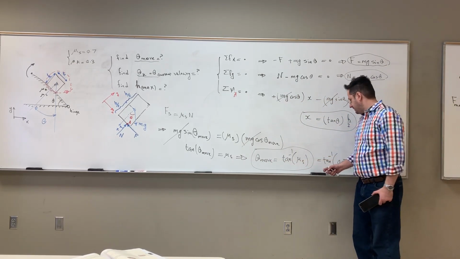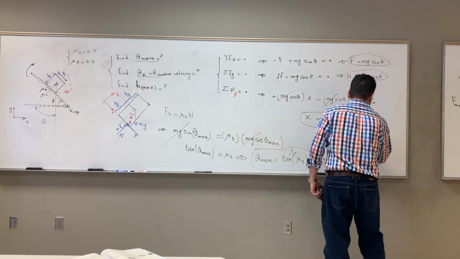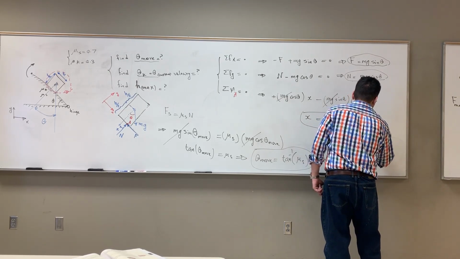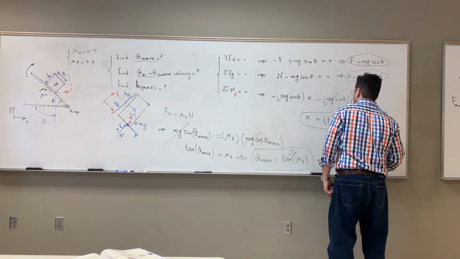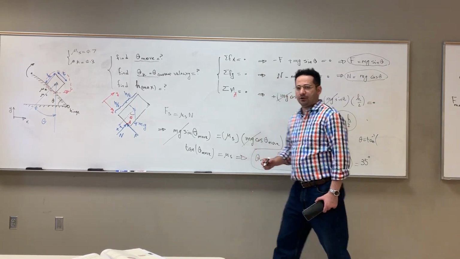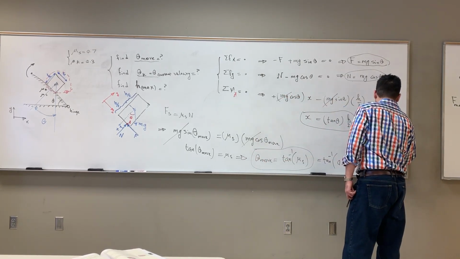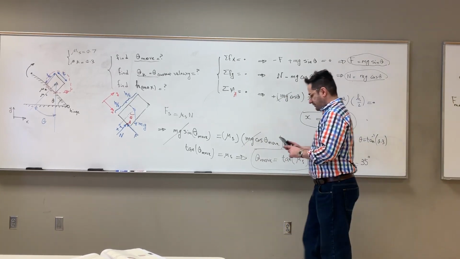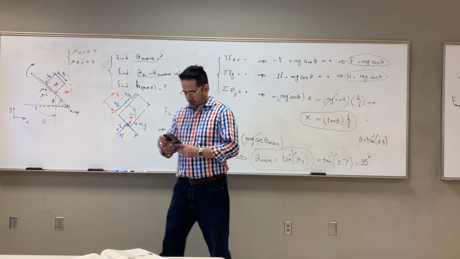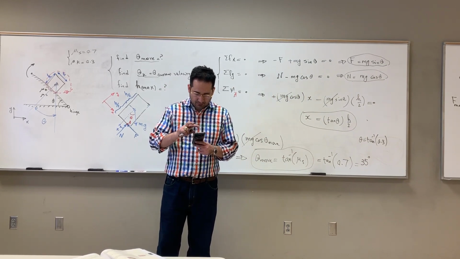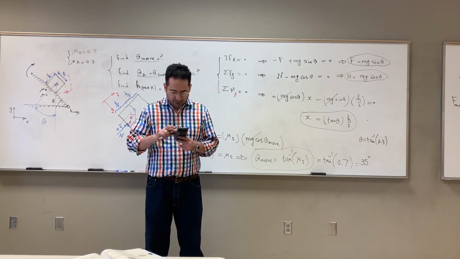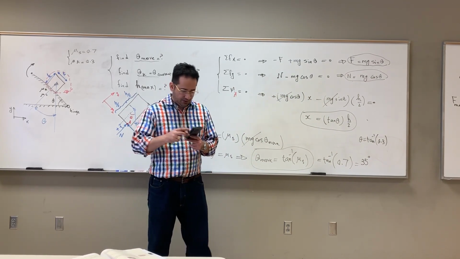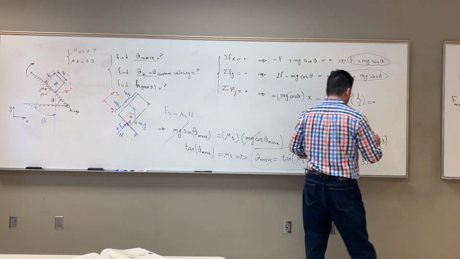So in that case, theta would be arctangent mu k. What's my mu k? 0.3. So arctangent 0.3 is 17 degrees.